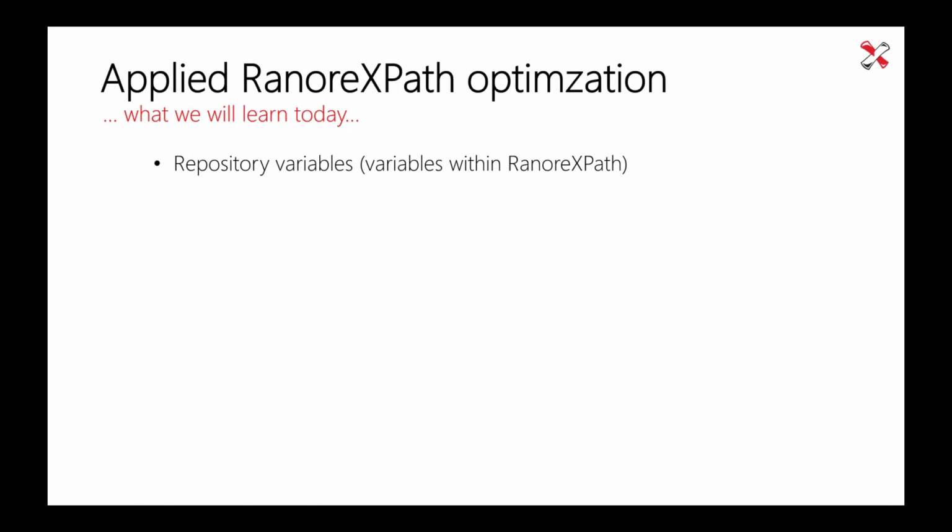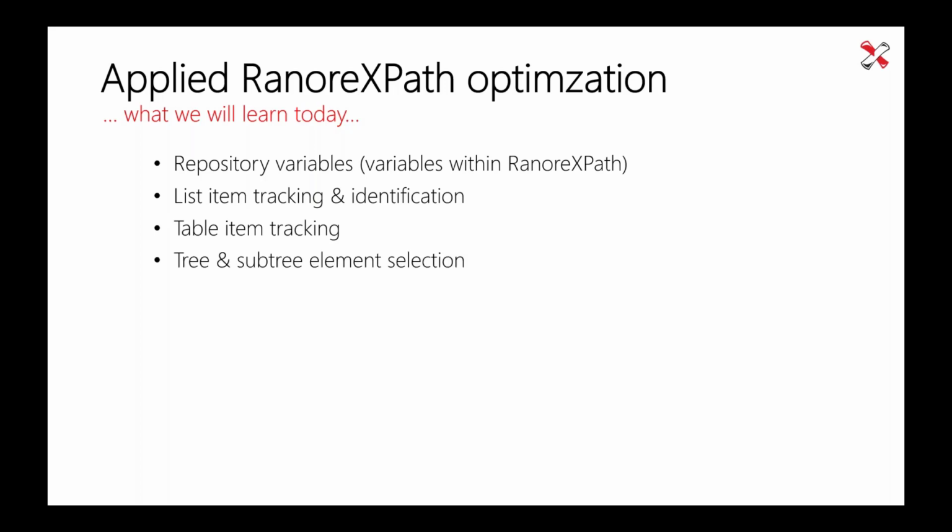First of all, we will have a look at repository variables and their application. We will do some list item tracking and identification and table item tracking, doing some nasty things there. Then I will show you how to handle tree and subtree element selections, even or especially when they are hidden within the trees or the subtrees.